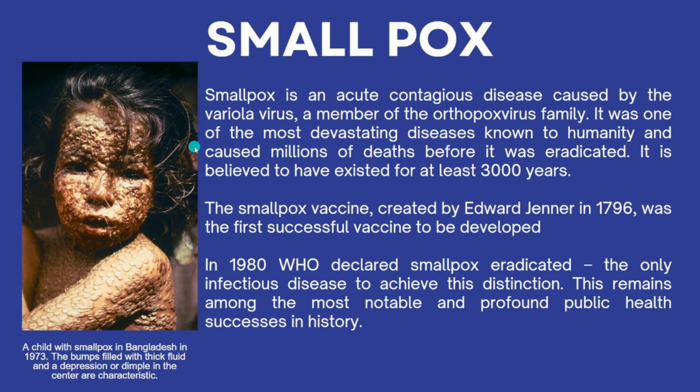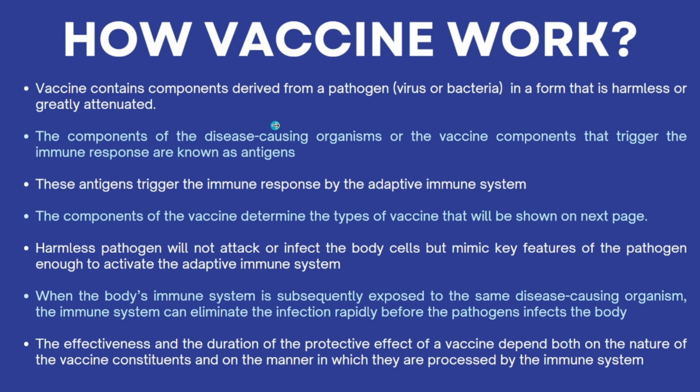If I use the example of smallpox, the vaccine still contains the variola virus, but they already removed all the harmful genes. They just maintain the structure of the virus only, so that the component of the disease-causing organism, or the vaccine component, will trigger the immune response.